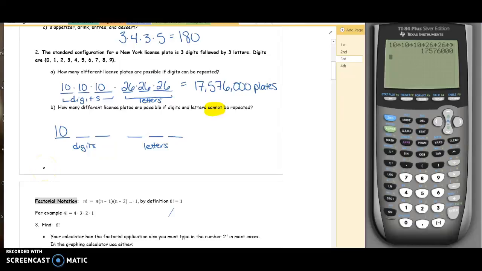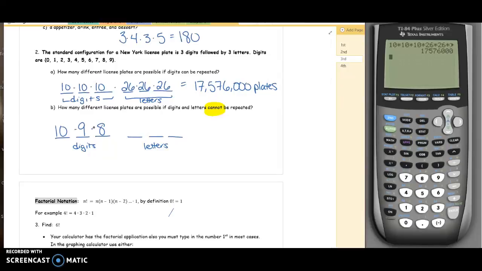Next, if we use one of those numbers and stick it in the license plate, we now can't use that number anymore. How many numbers do we have left that could be in the second part of the license plate? 9, and then 8. So because we are not allowing repetition, the number is going to decrease because as we use a number, we can't use that number anymore.